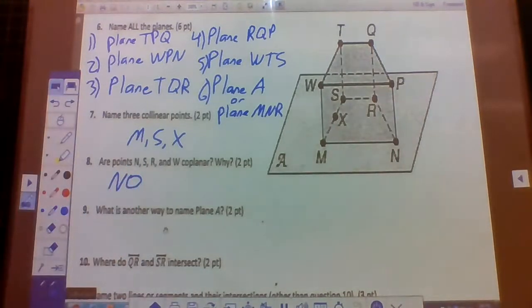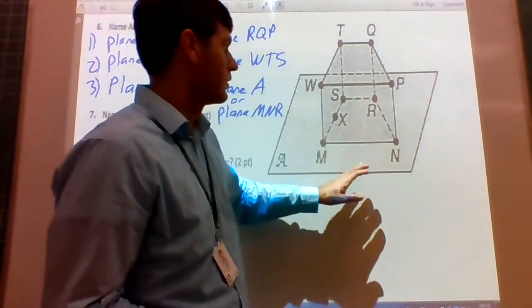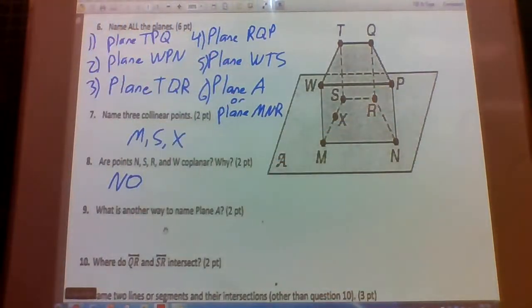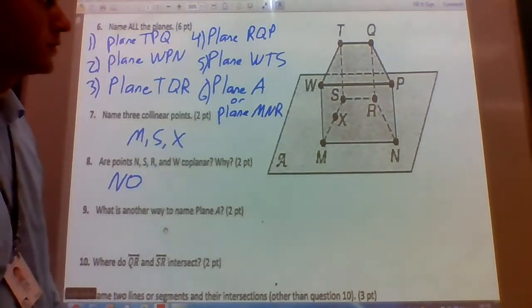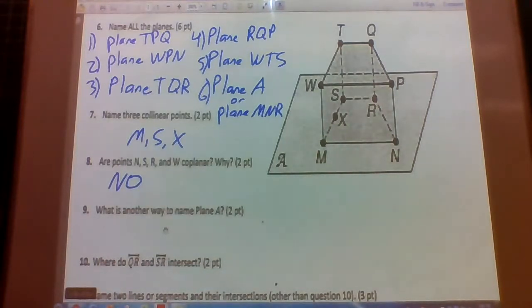Okay, if we wanted to give a reason, couple different explanations we can give, but we can say point W is not on the same plane as M, N, and R. That's the best explanation we can get.